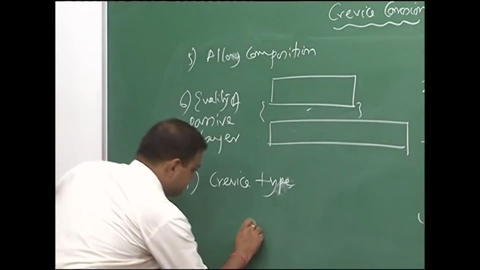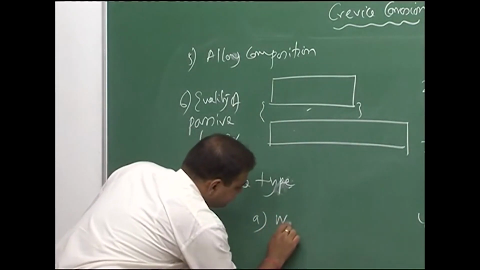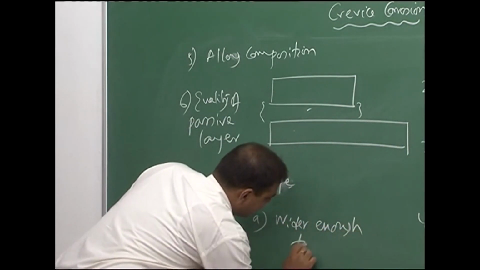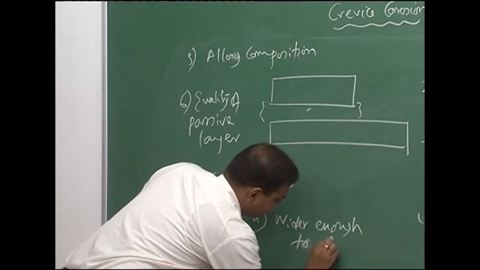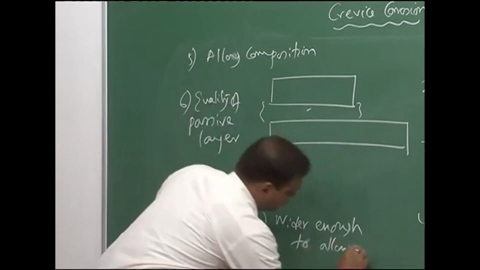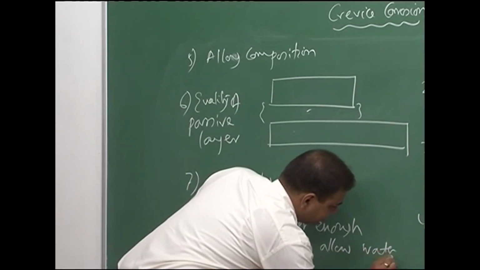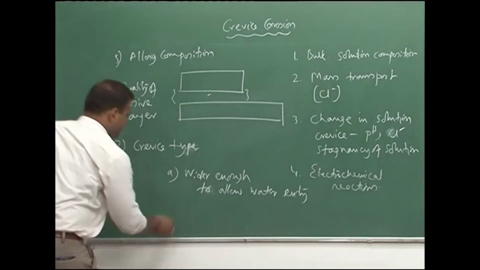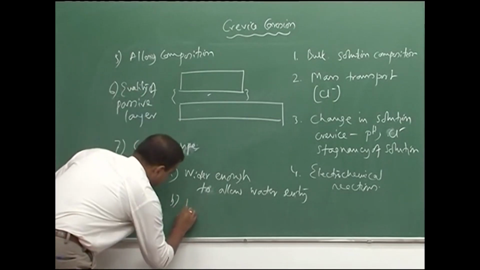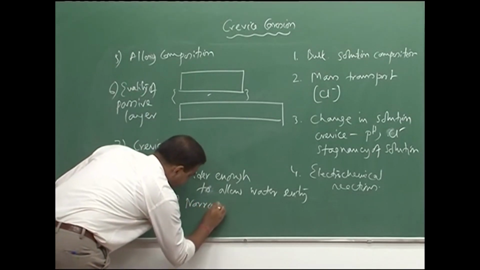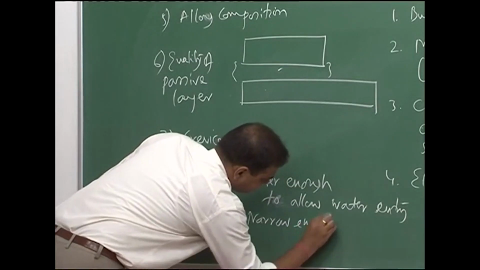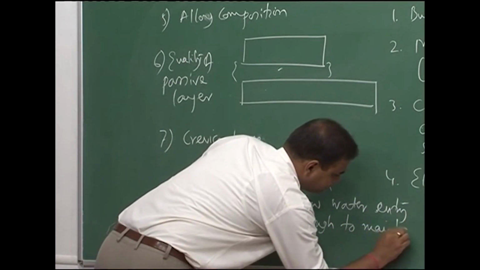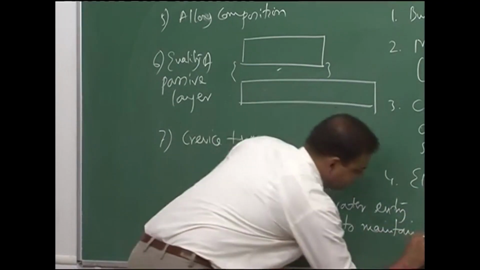So, the two effects: A, wide enough to allow water entry or solution entry, and B, narrow enough to maintain stagnancy.